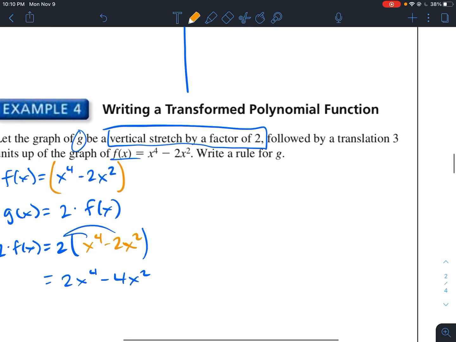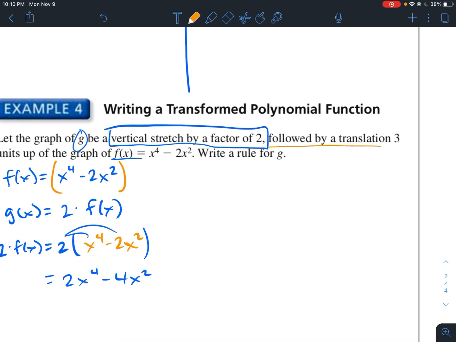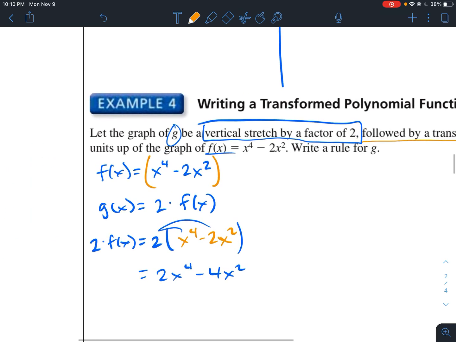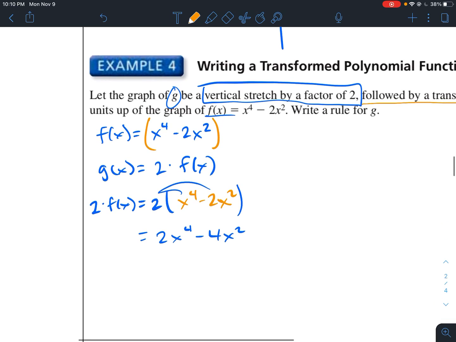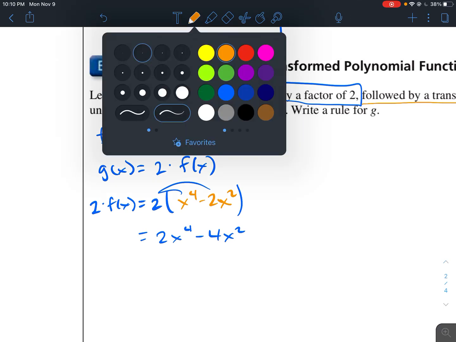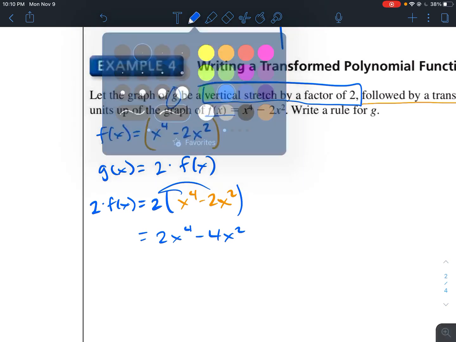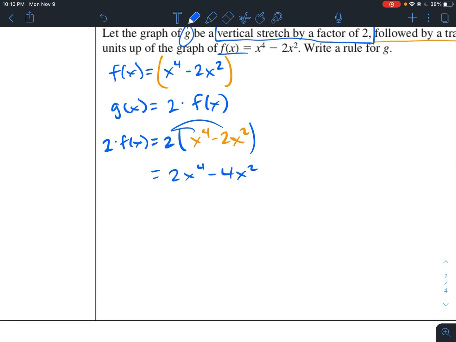But it also says that we're followed by a translation 3 units up. Okay? So now we have to shift it up 3 units. So now we have to add 3. So this is 2 times f of x plus 3. That's a vertical shift. Alright, so we already know what 2f of x is equal to.